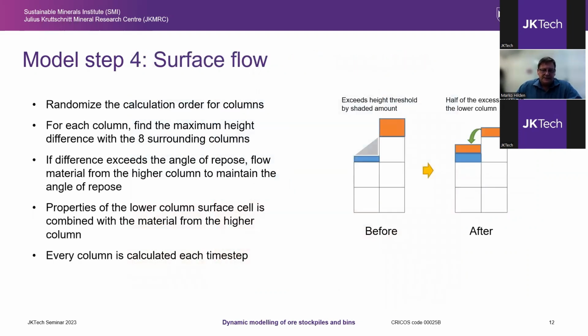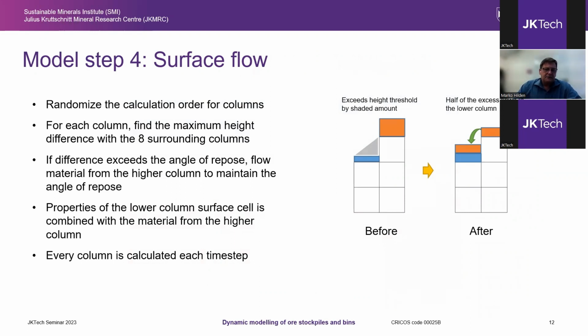The final calculation in each time step is to ensure that the surface of the pile is stable with respect to the angle of repose. To do this, we randomize the order of the columns so that we calculate every column in the grid once. And for each column, we find the maximum slope to its 8 immediate neighbors.